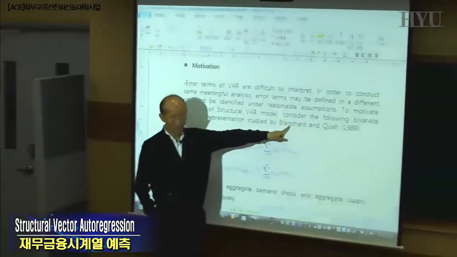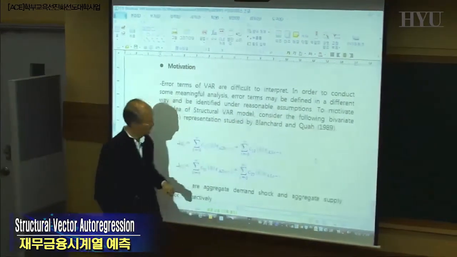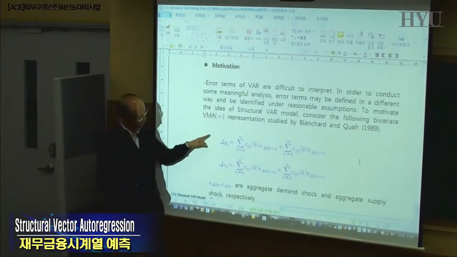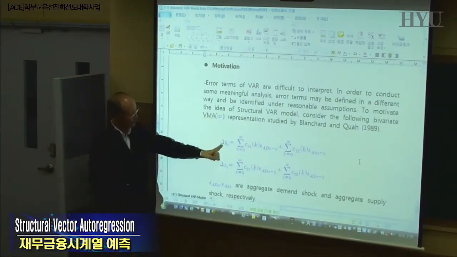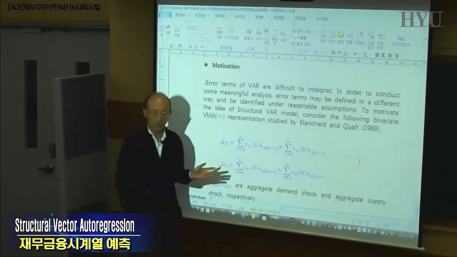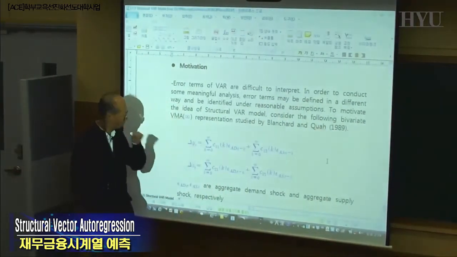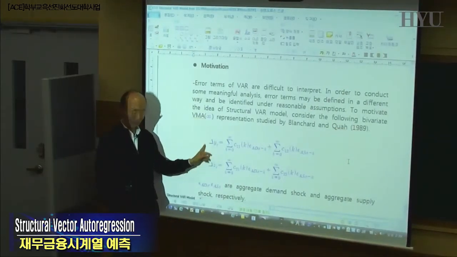Looks like he's French, so Blanchard or Blanchard. In 1989, they looked at this problem where you can think of y of t as the natural log of real GDP, some real variable. And we take the difference to make it a growth rate, which is stationary, right?